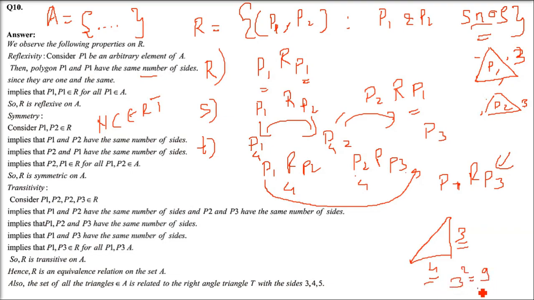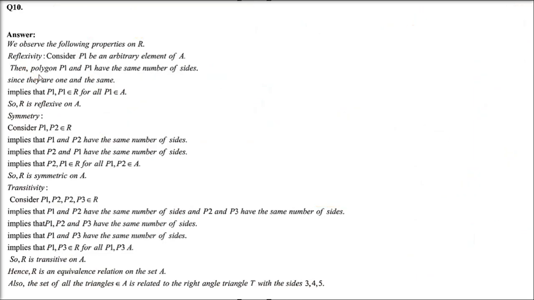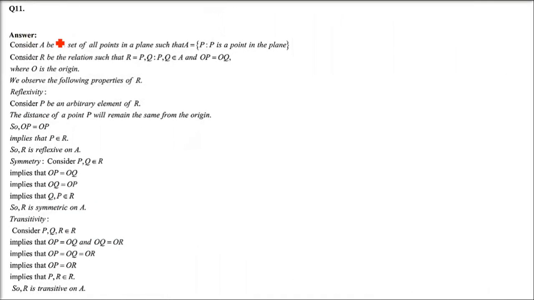That is, 3 square plus 4 square will be equal to 5 square. 3 square is 9, 4 square is 16, 9 plus 16 is 25. So this will be a right angle triangle. So there is only one possibility. The set of all triangles belonging to A that are related to the right angle triangle T with the sides 3, 4 and 5. There will be no other triangle corresponding to or similar to this situation.